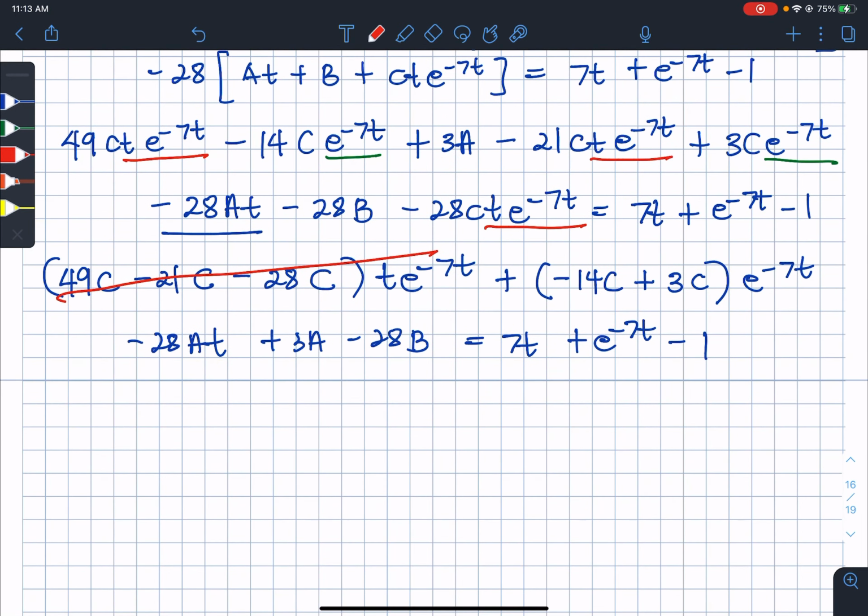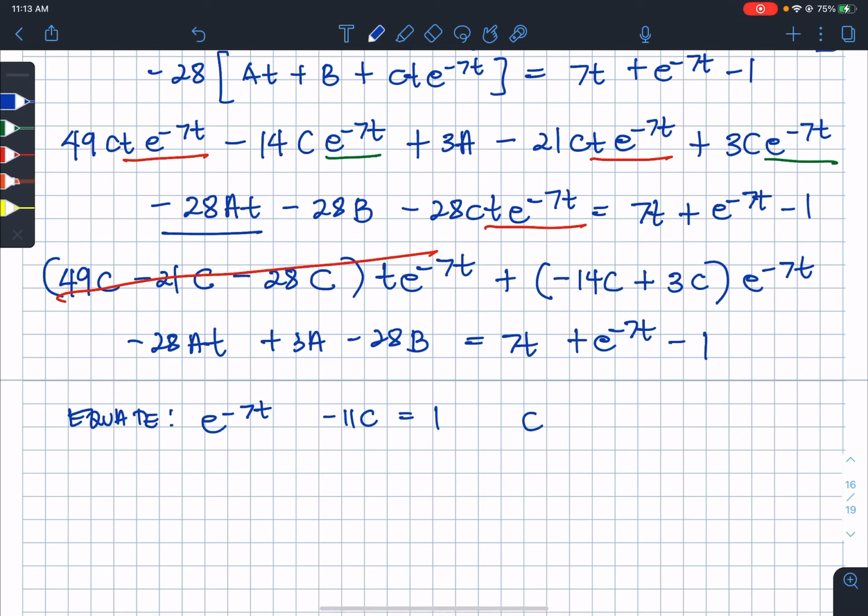When equating e raised to negative 7t, I'll have negative 11c, so negative 11c is equal to 1.